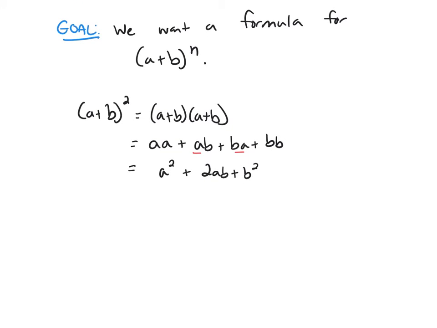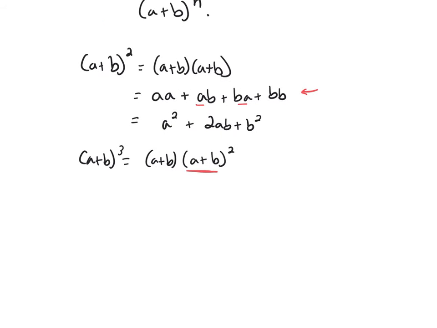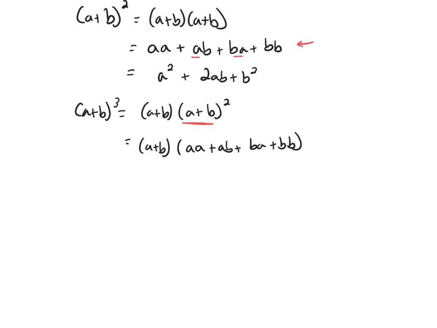So let's see what happens when we have a plus b cubed. Well, this is a plus b times a plus b squared. And we can plug in our previous calculation for a plus b squared. I'm going to use the not simplified version here: AA plus AB, and so on. Then you need to distribute all of these terms out.